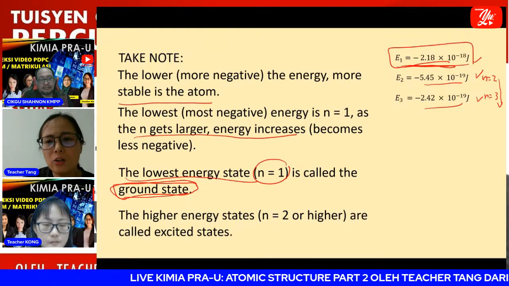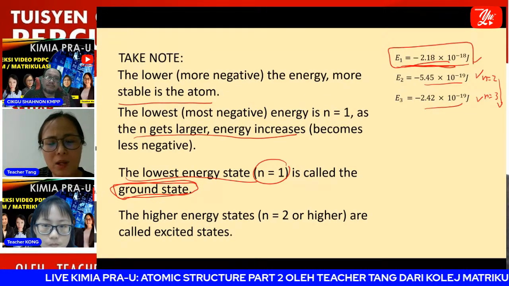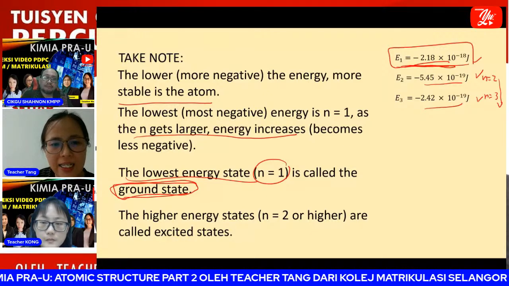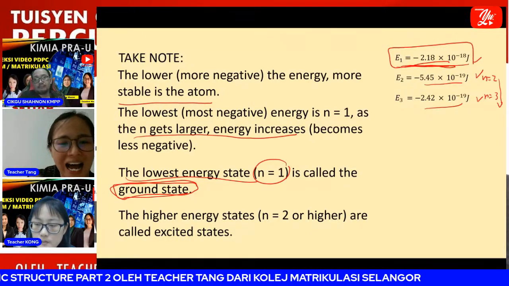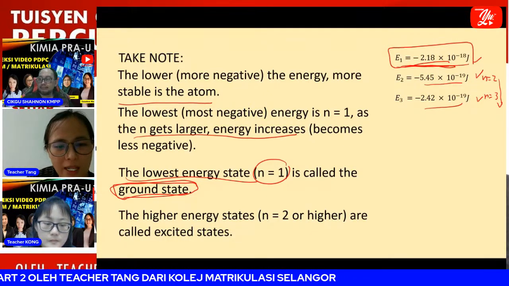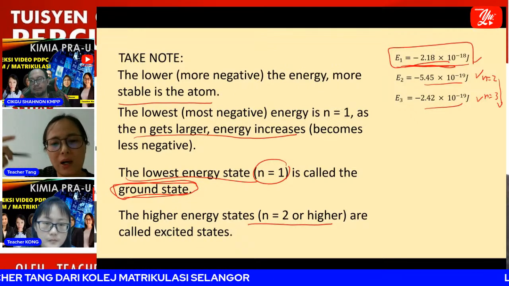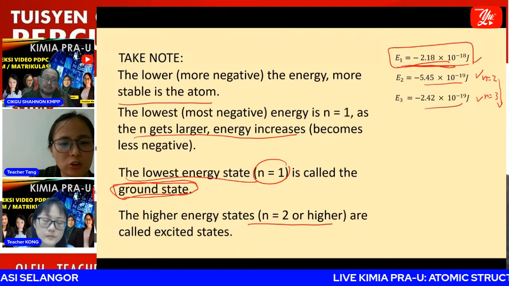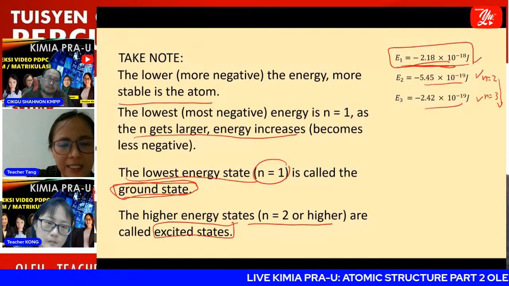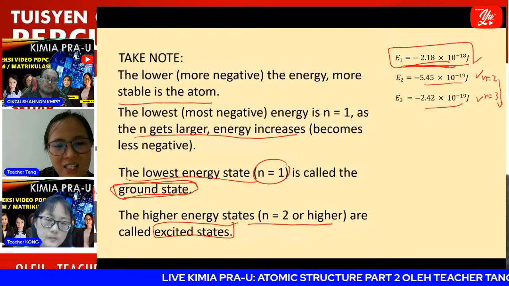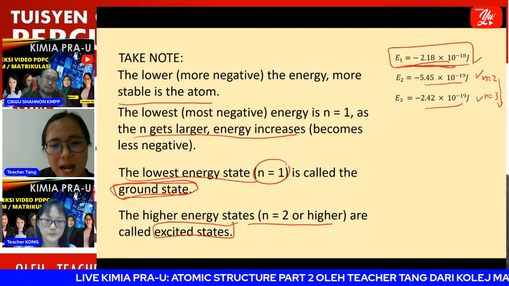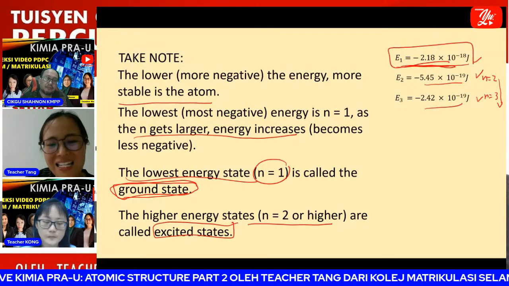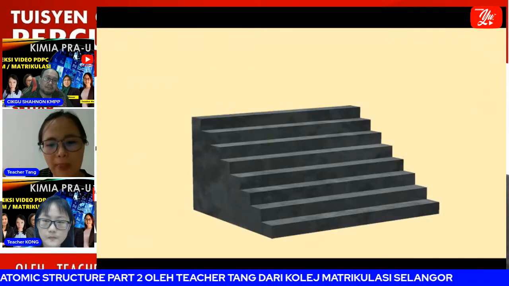When the electron is at any energy level higher than n equals 1, be it n equals 2, n equals 3 or higher, we call that the excited state. Excited state refers to any energy level higher than n equals 1.